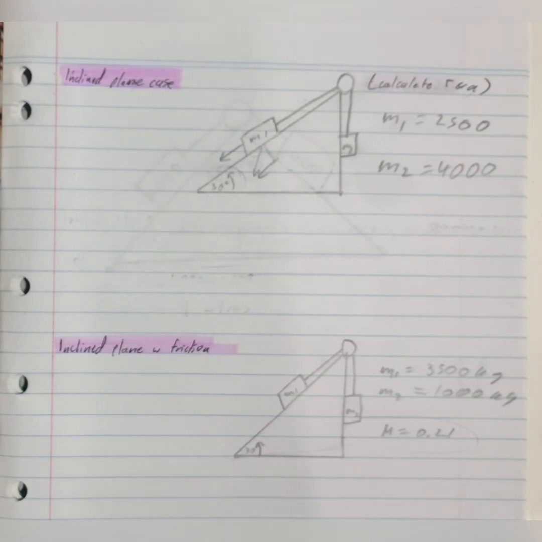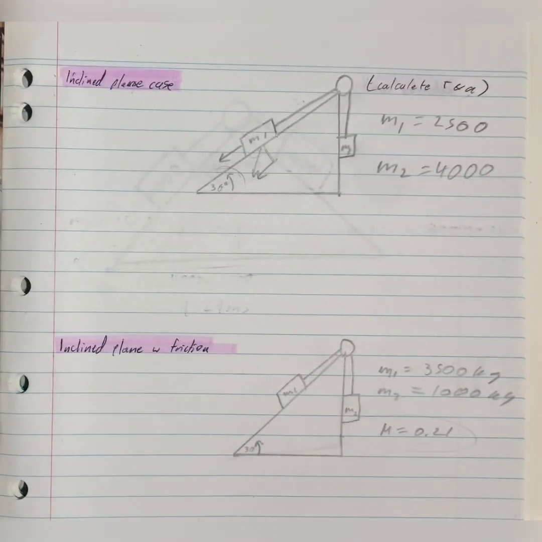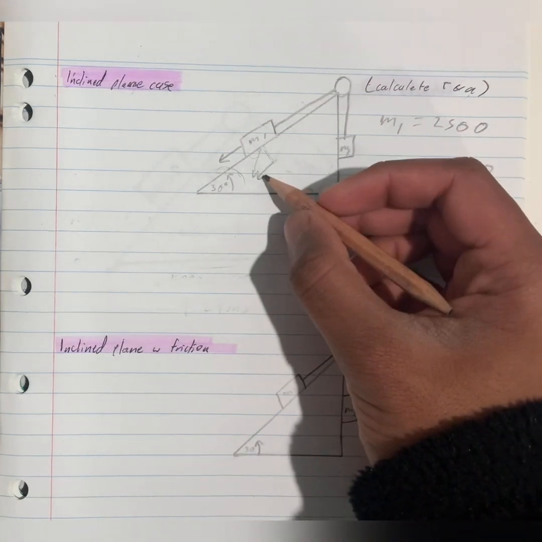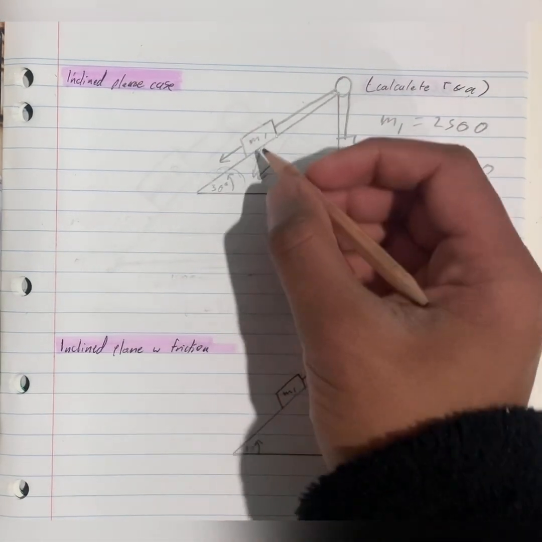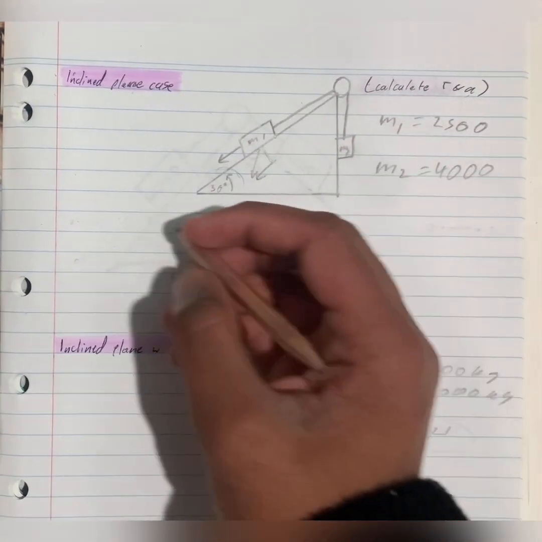All right, so let's pick up where we left off and go straight to the inclined plane case. Now, the inclined plane case is a bit more interesting as it involves an inclined plane, and that has the property of sine mg. So let's just quickly decompose M1 and M2 here.